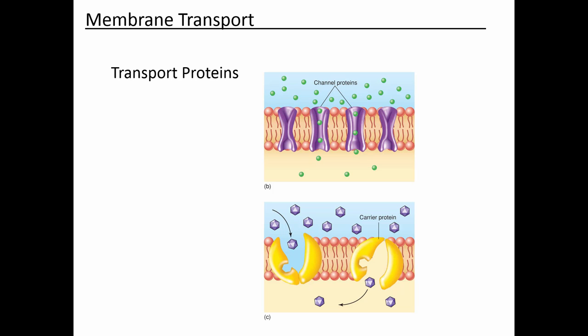So you can see that it's in one shape here. After the molecule binds, it switches, and then the molecule or ion is passed to the other side of the membrane. So they act slightly differently from each other, but they both will get something from one side of the membrane to the other.